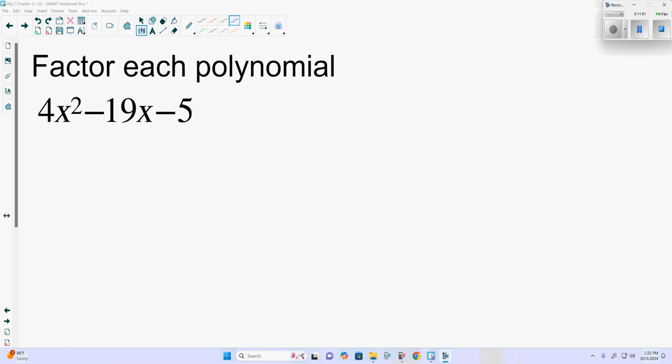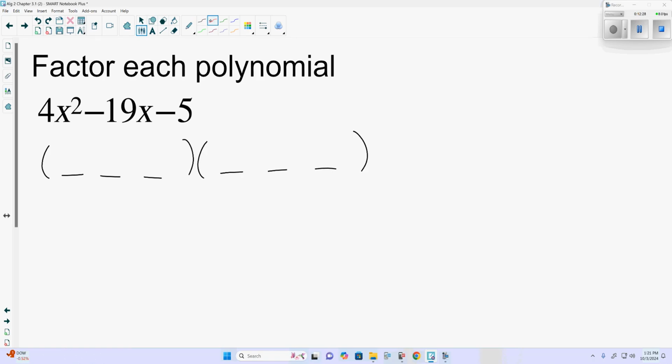So is there a greatest common factor between these three terms? No. No greatest common factor, so we're moving straight to our two sets of parentheses with three spaces.